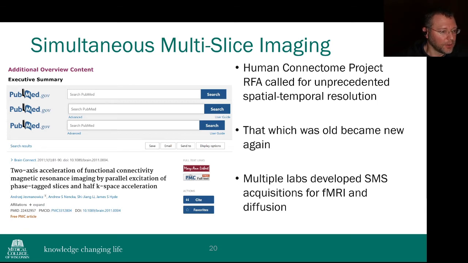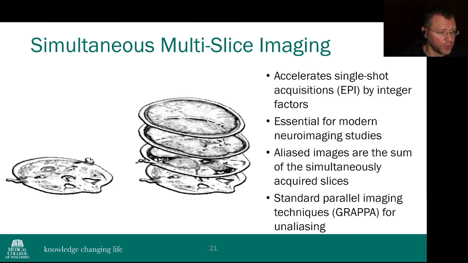But there the idea was, again, to acquire multiple slices simultaneously so that they end up aliased with each other, not in that phase encode direction from skipping lines, but in that slice encode direction, where they were acquired just with RF pulses that excited those at the same time, and then use the math of parallel imaging that had been defined to separate out those images, not having to do that multi-shot acquisition that Gary Glover had developed. So what does it look like?